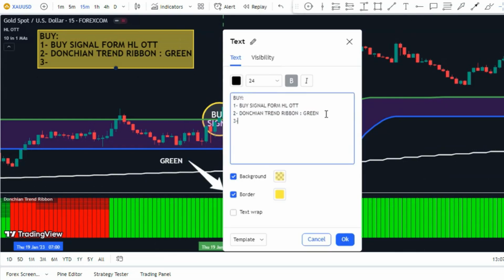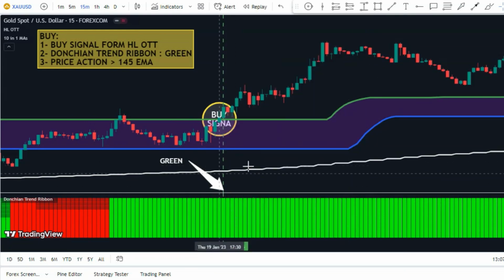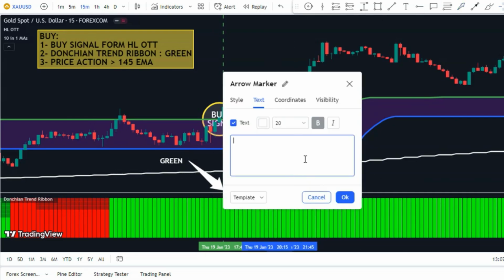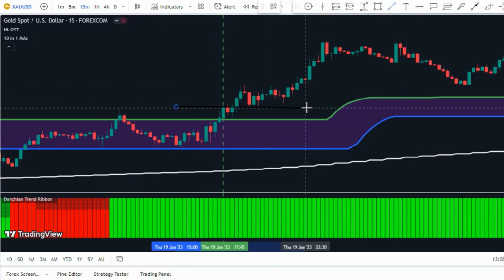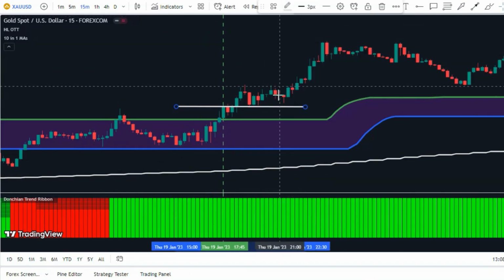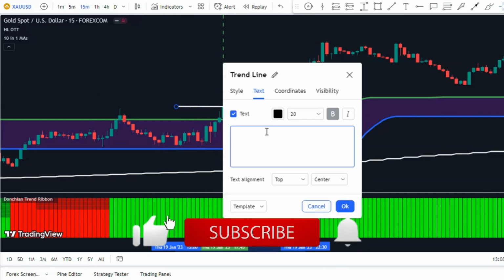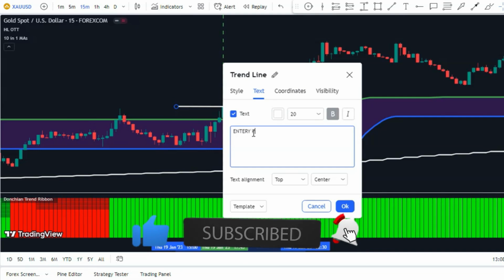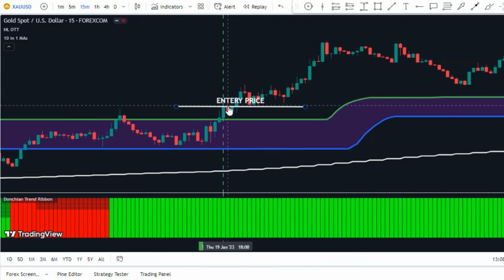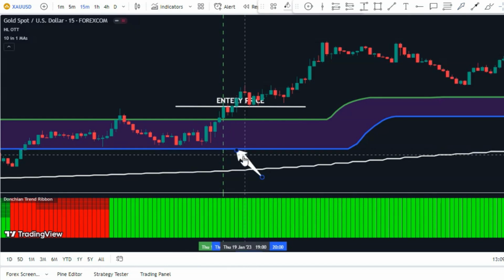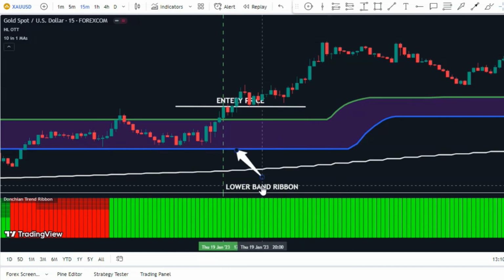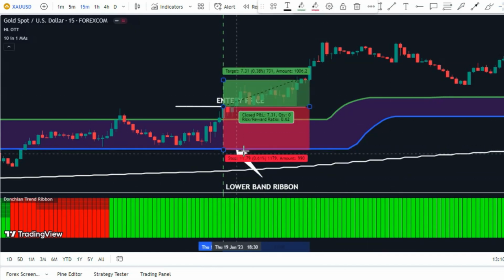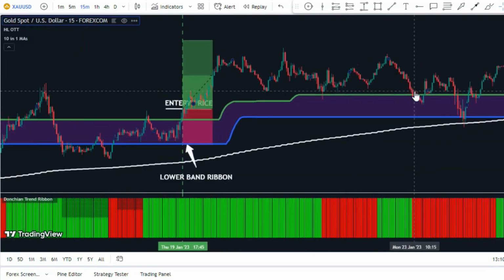And for the final approval, the price must be above the 145 MA. Now you can enter into a trade at the breakout candle close price. Then place the stop loss below the lower band and set the target twice as much as the stop loss.